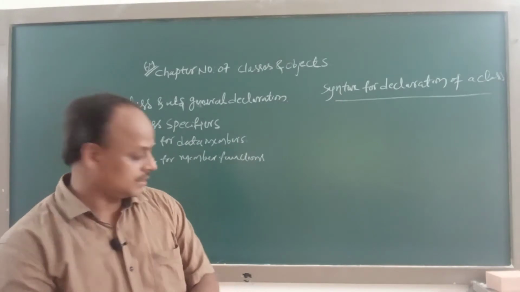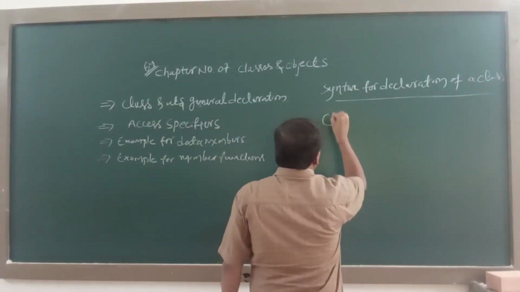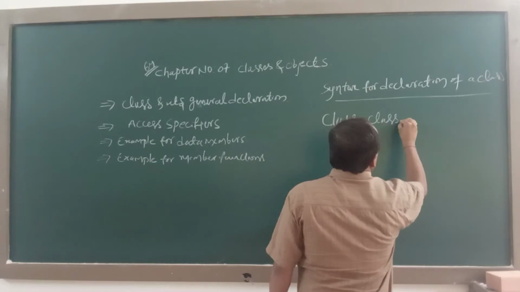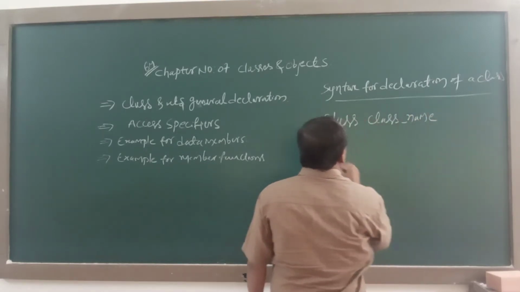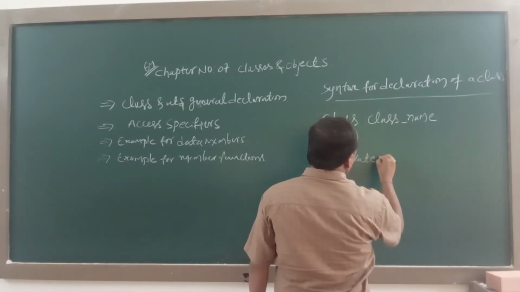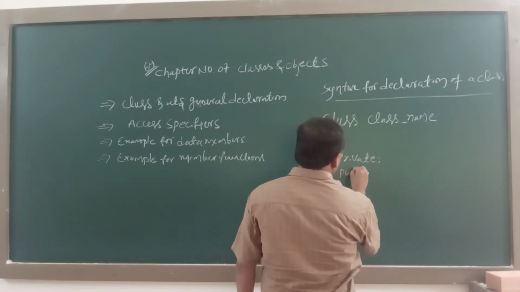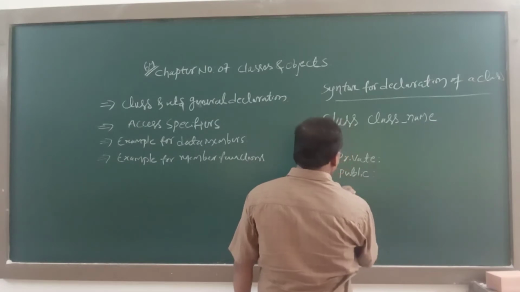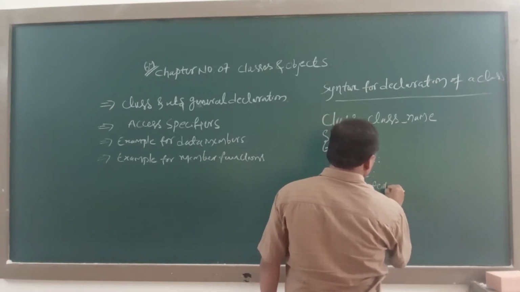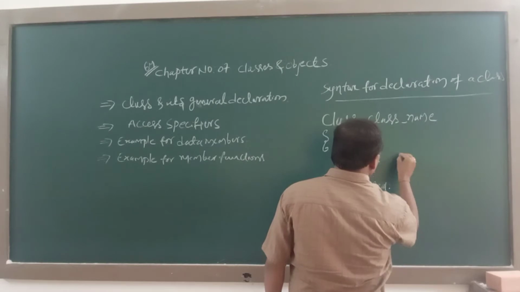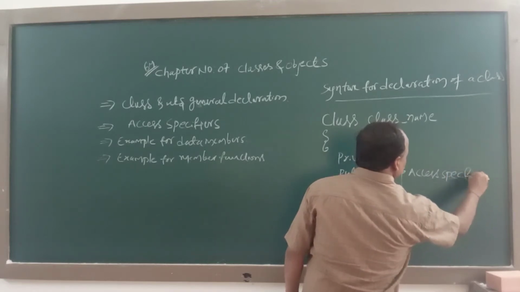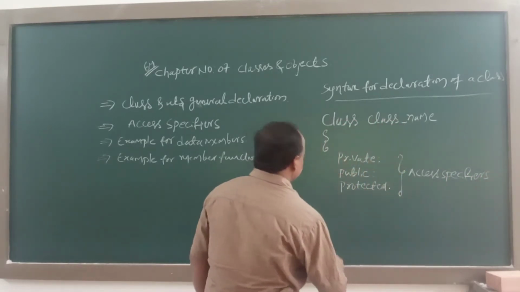So now I am going to write the syntax for declaration of a class, that is: class space class name, open flower bracket, private colon, public colon, protected colon, close flower bracket, close with semicolon. These are the access specifiers.